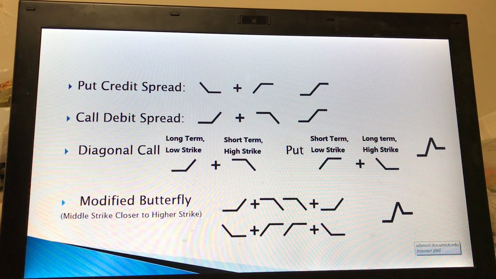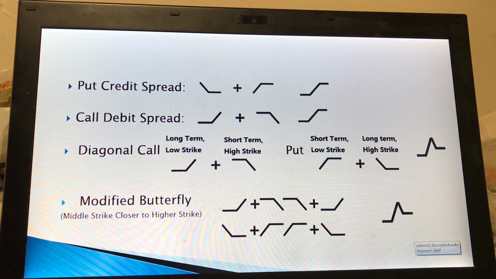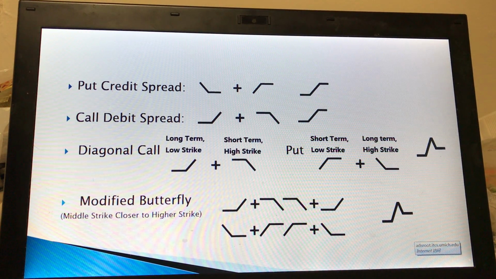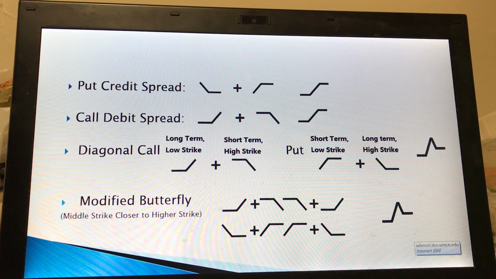By buying a cheaper put and selling a more expensive put, you will have a net credit in your account, and by doing the inverse on the call option, you will have a net debit. This is why they are called these names. By doing the put credit spread, your goal is to have both of these put options expire worthless.